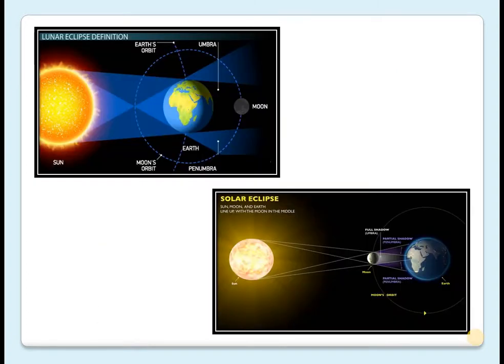The next evidence is that we know when a lunar and solar eclipse will happen. In astrology they have the Panchanga, and we usually use it. From the Panchanga itself we can say that on this day, at this particular time, there is a lunar eclipse or a solar eclipse.